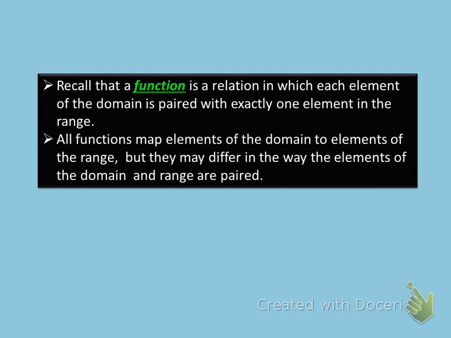So, here we go. First off, a couple of old definitions. Okay? A function is a relationship between numbers in which each element of the domain is paired with exactly one element in the range. Alright, now, if you remember, and judging from your test, most of you do not, domain is a fancy word for x's.